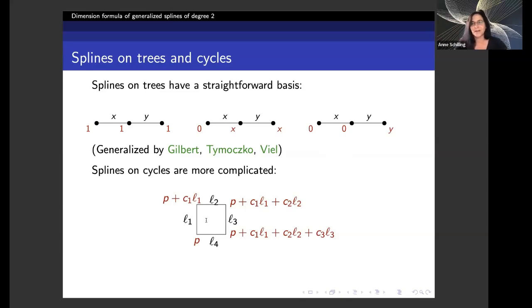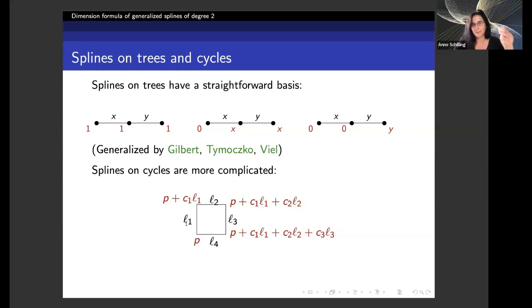Here's a very simple loop. Suppose this is inside my graph. Here we have 4 vertices and 4 edges, and I'm going to denote my edge labels by L1, L2, L3, L4.